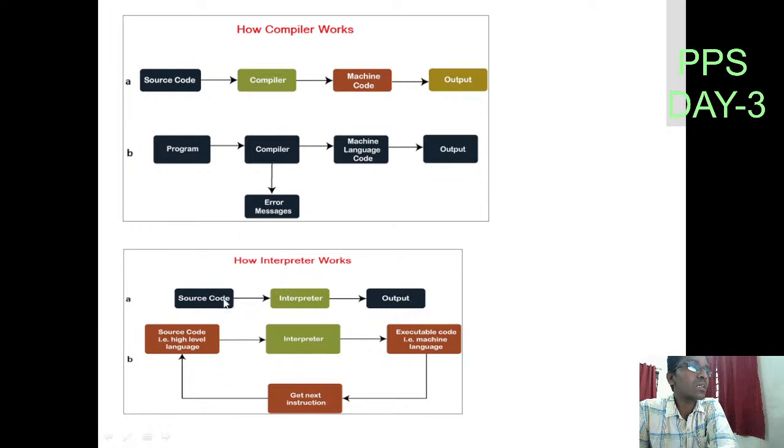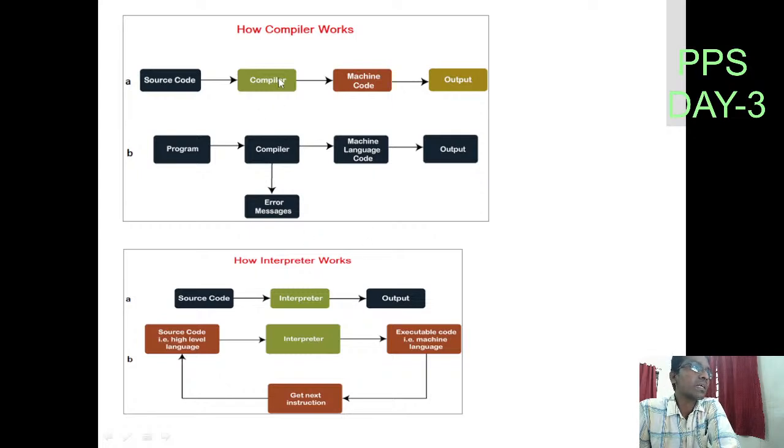That means there is no compilation here. In an interpreted programming language, you are not going to use compilation. Similarly, the interpreter is going to execute each and every line one at a time, only one line at a time.